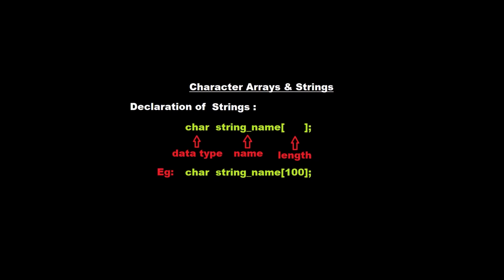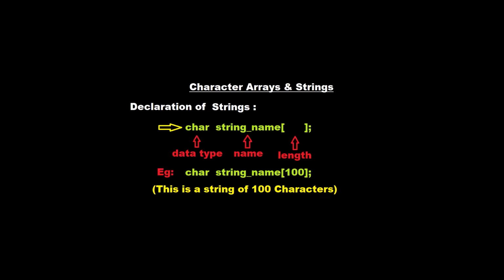This example represents a string of 100 characters. The length can be different depending on our choice. As I have shown you in the figure, in case of strings we always use the character data type, and in the example you can see that we have used the character data type.